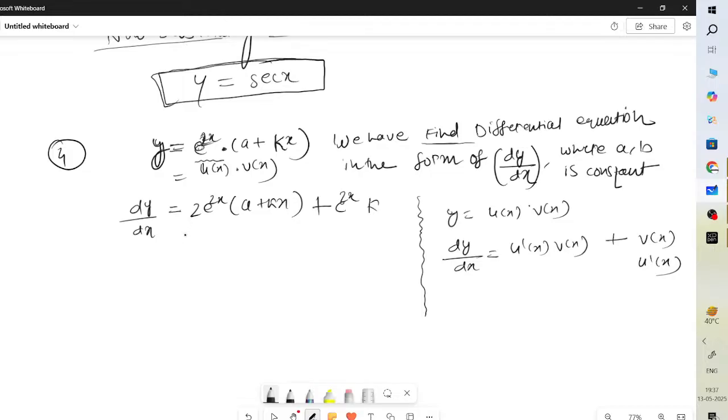Now this can be written as, so we can take e to the 2x common from both sides. Okay, so we get 2a plus 2k of x plus k.